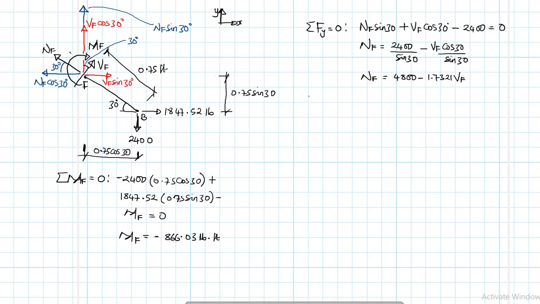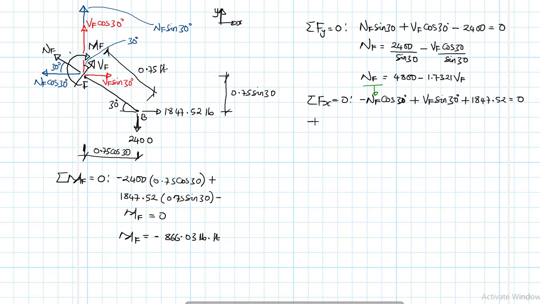So with this, let's sum up the forces in the x direction. Let's see what we have. We have minus NF cos 30. Then we have plus VF sine 30. Then we have plus 1847.52 equal to 0. So we are going to replace this NF, which we've just found, here.